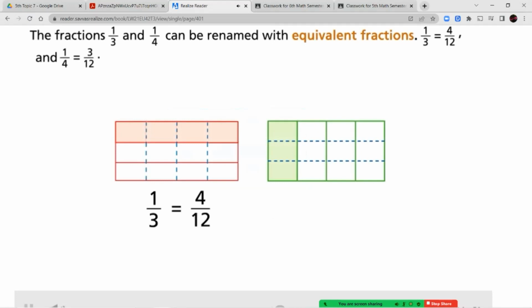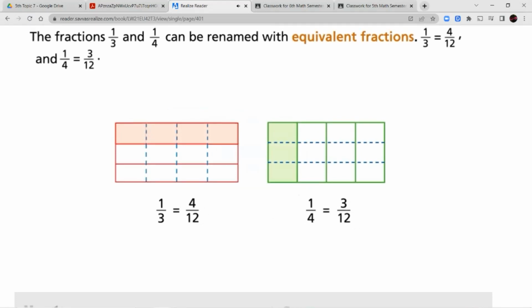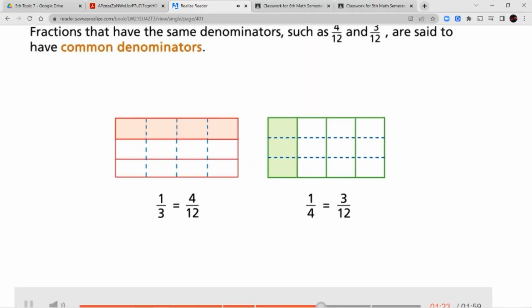The fractions 1/3 and 1/4 can be renamed with equivalent fractions. 1/3 is equal to 4/12, and 1/4 is equal to 3/12. Fractions that have the same denominators, such as 4/12 and 3/12, are said to have common denominators.